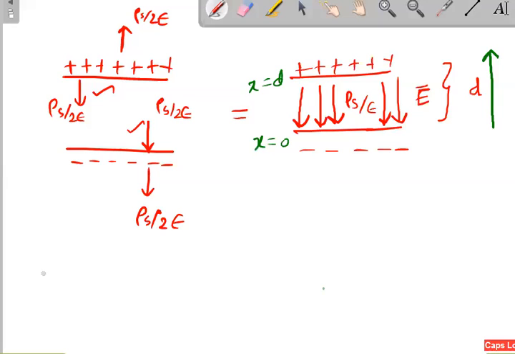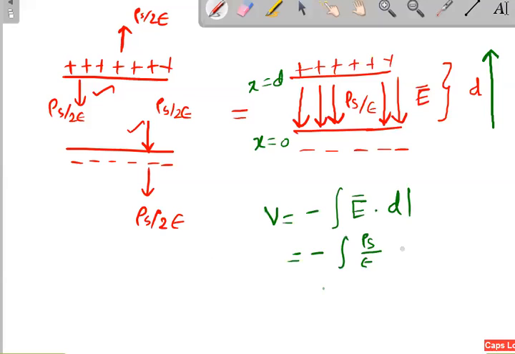Then how much potential, how much voltage, how much energy do I have to spend? In the morning we have seen the potential. V is equal to minus integral of the electric field, which is opposite to you, along the direction in which you are going. So minus integral rho s divided by epsilon dl.